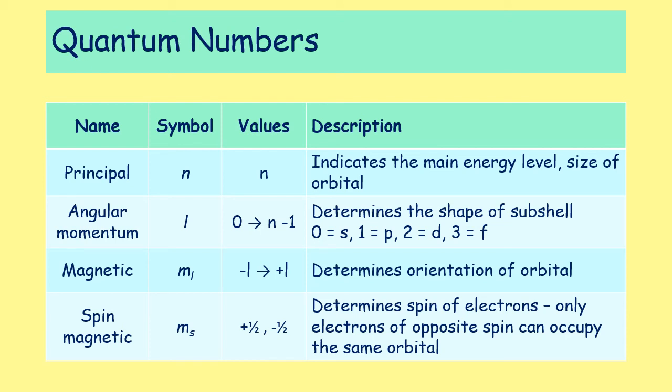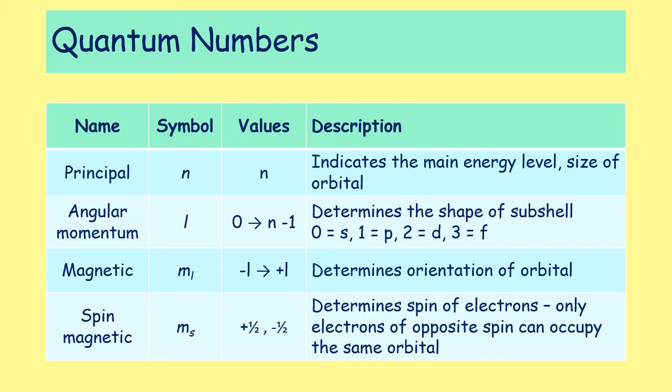So in order for electrons that are both negatively charged to fit inside the same space and not repel one another, they need to spin in opposite directions. And that's what this +0.5 and -0.5 represent. +0.5 we can imagine as being a clockwise spin, -0.5 being an anti-clockwise spin.